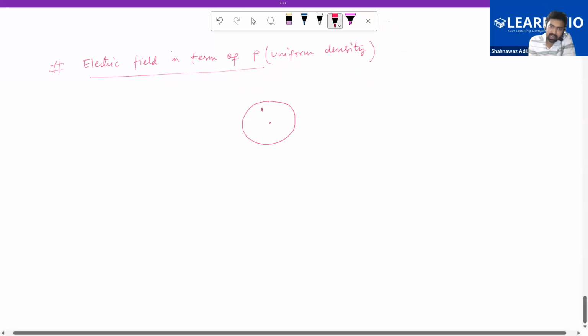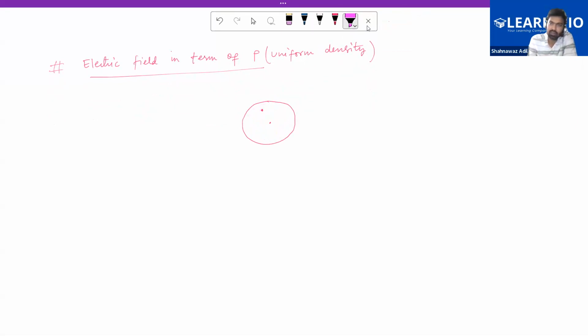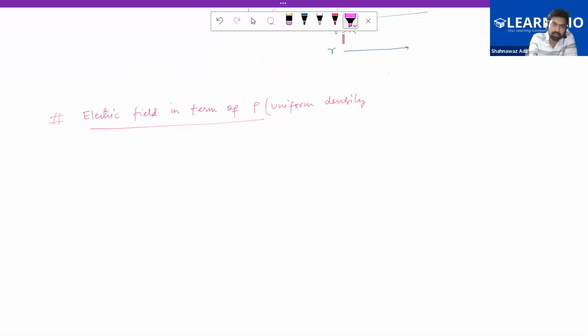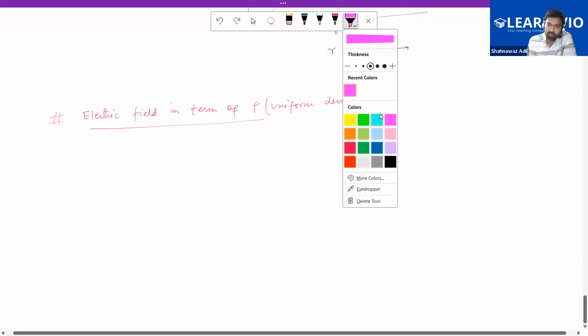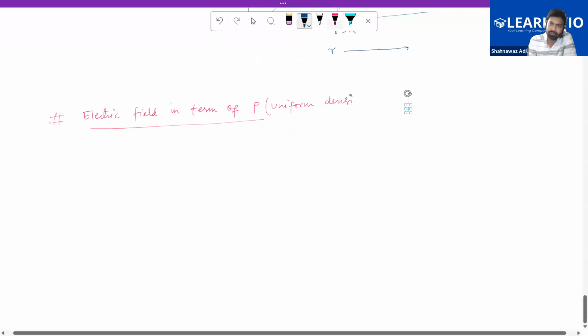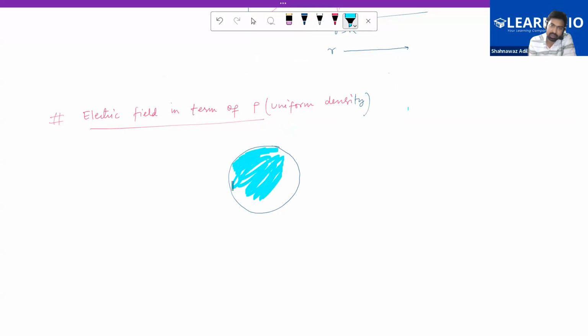Let's say we have this point, an inside point, Q. This is solid, not hollow.